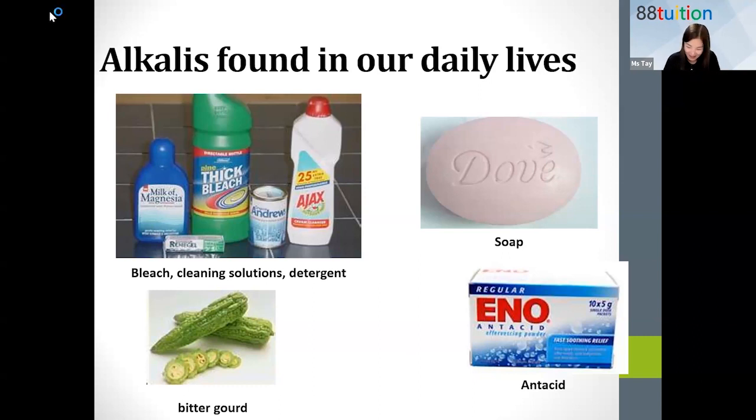Now, Dove soap. Not just Dove. Many different types of soap that we have are also alkaline in nature. So you will hear me mentioning alkalis and then alkaline, right? So what's the difference? Maybe I have to tell you in case you get a little bit confused. When I talk about acids, acids are acidic. Alkalis are another group of substances.